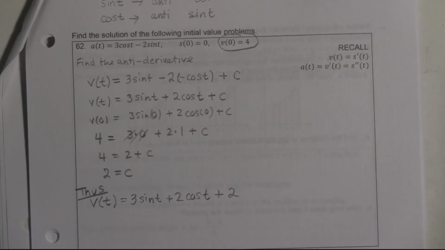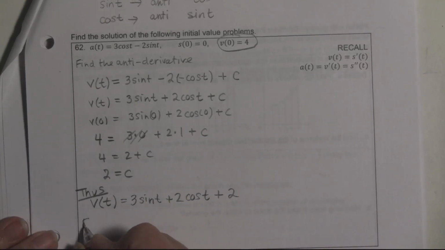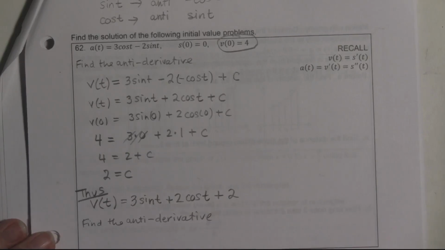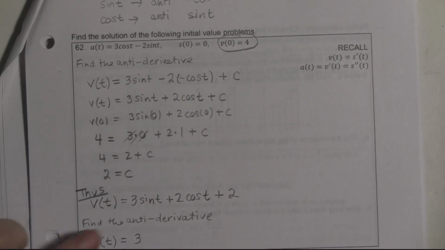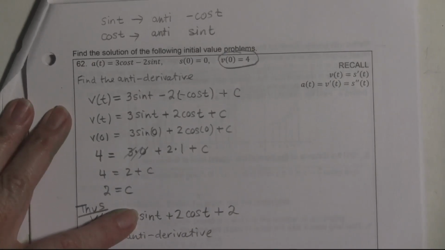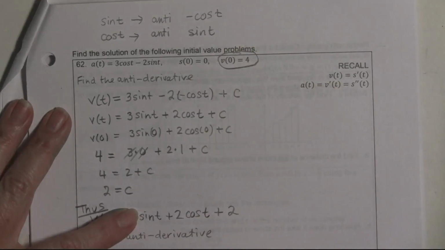Now it was asking me to go back and find s. So I can find the antiderivative again. So the antiderivative of the velocity is s. The 3 holds still, and the antiderivative of sine of t is negative cosine of t.